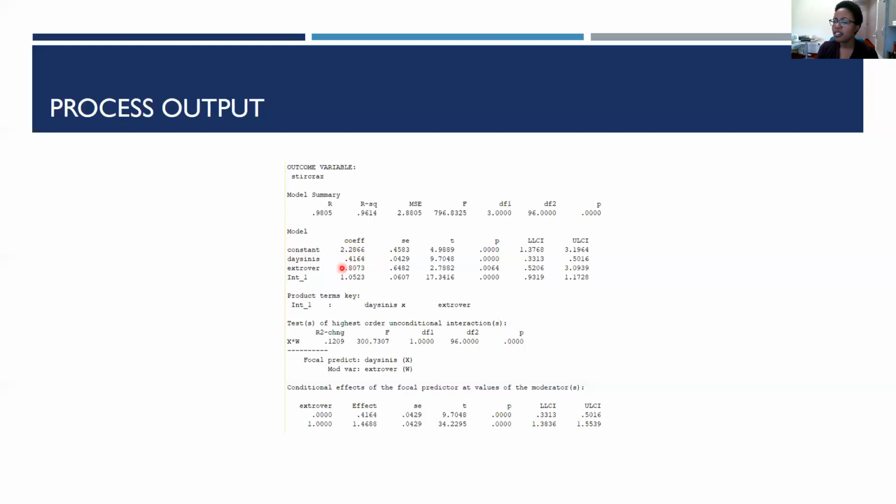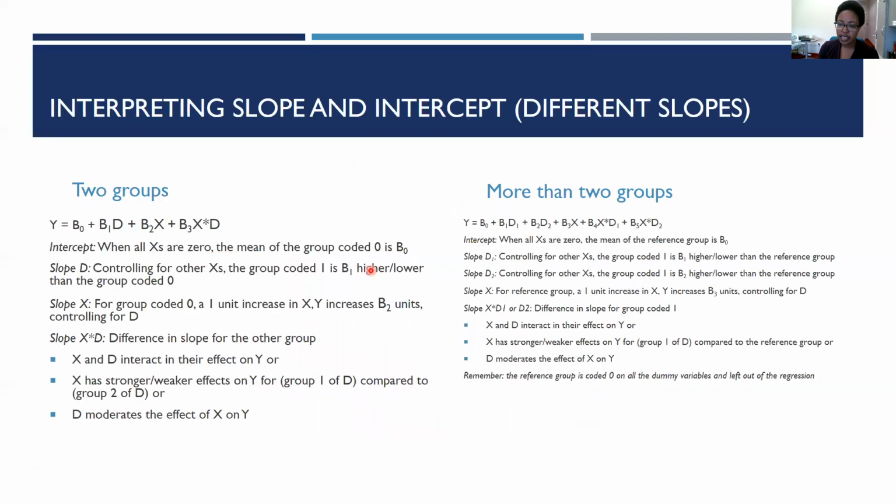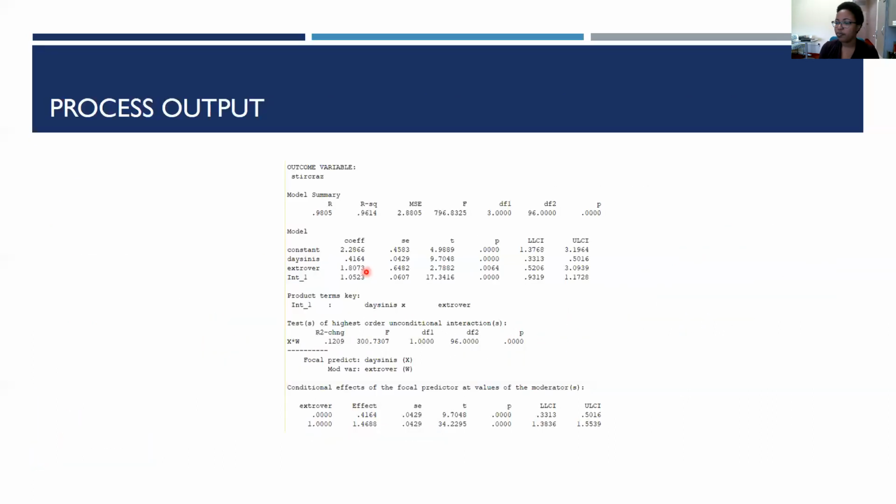And then this is our dummy variable, extroversion, and we interpret that the same way we've been doing. So when controlling for the other x's in days in isolation, the group that's coded 1 is however many units higher or lower than the group that's coded 0. So these are our extroverts compared to our introverts.